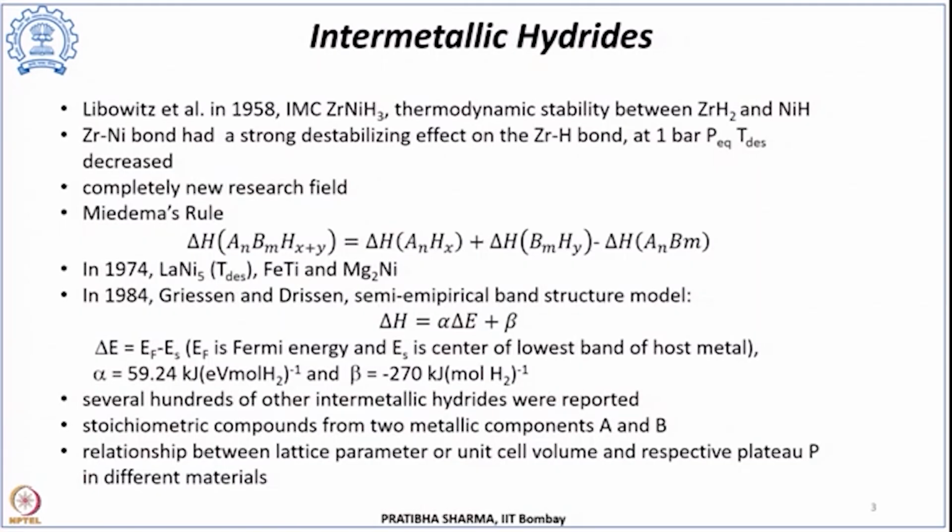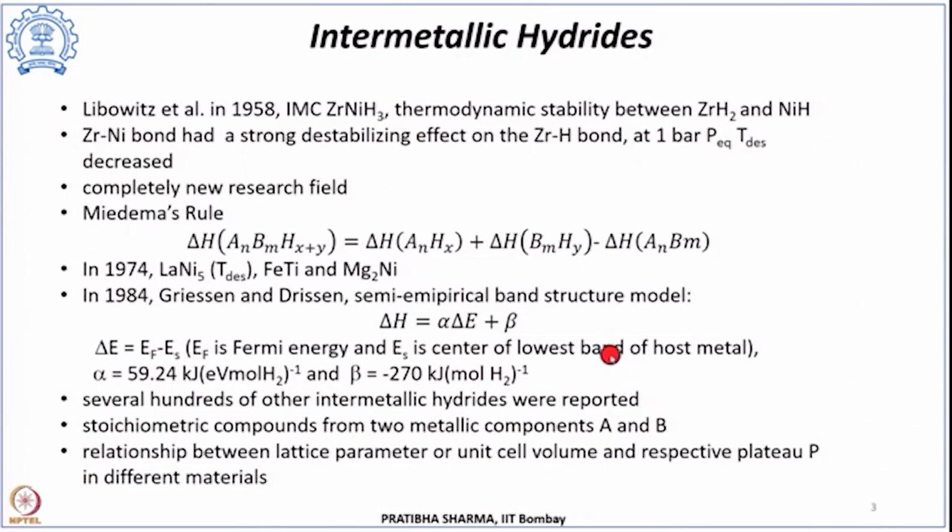They came up with a semi empirical band structure model which showed that there is a linear relationship between delta H and delta E. So, delta H is equal to alpha times delta E plus beta, where alpha and beta are constants, while delta E is the difference between the Fermi energy EF and ES, where ES is the center of the lowest band of the host metal.